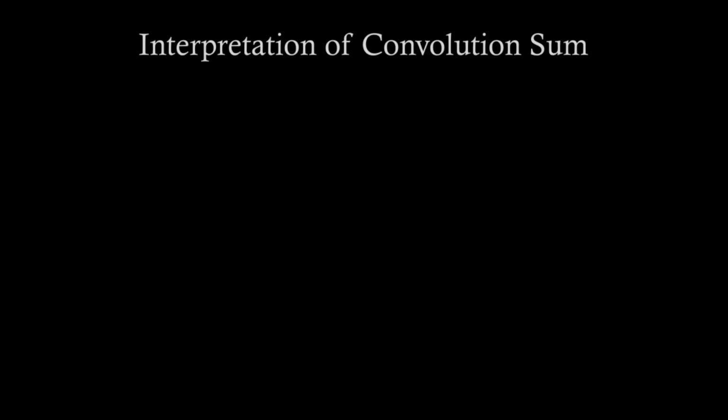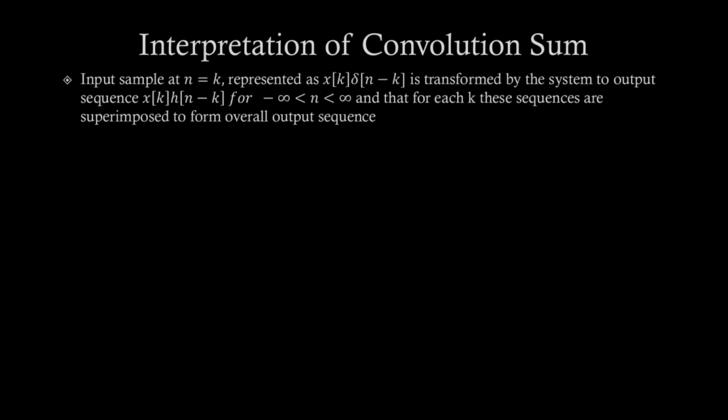Now let's understand the interpretation of the convolution sum. That equation tells us that the input sample at n equals k, represented as x[k] multiplied by delta[n minus k], is transformed by the system to the output sequence x[k] times h[n minus k], where h[n] is the impulse response of the system for all values of n.